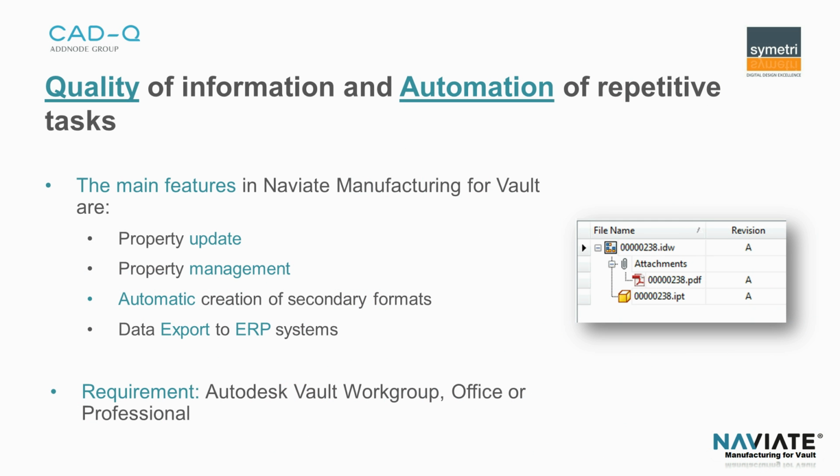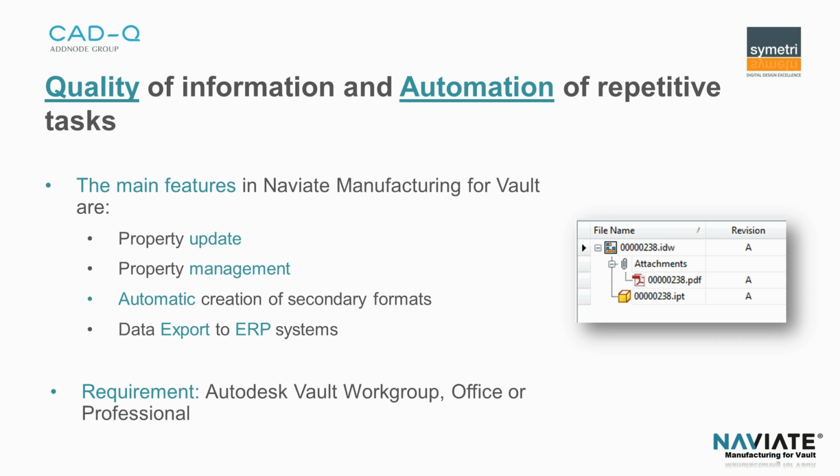Within the previous videos that we looked at, we were talking about some of the features and functionalities that exist within Naviate Vault. The features that we looked at included the ability to do property management by creating a property card where we could fill in properties for particular file types.